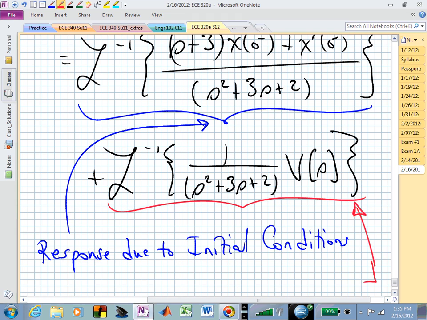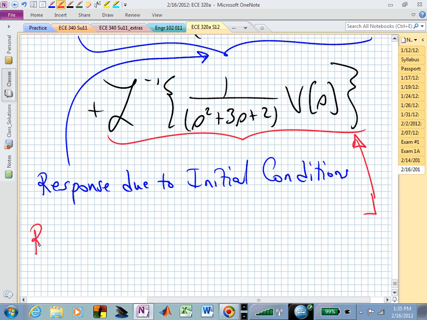That's how we're exciting the system, whether we're driving it with a sine wave, a cosine wave, an exponentially damped sine or cosine. This is now, in red, the response due to the excitation function.